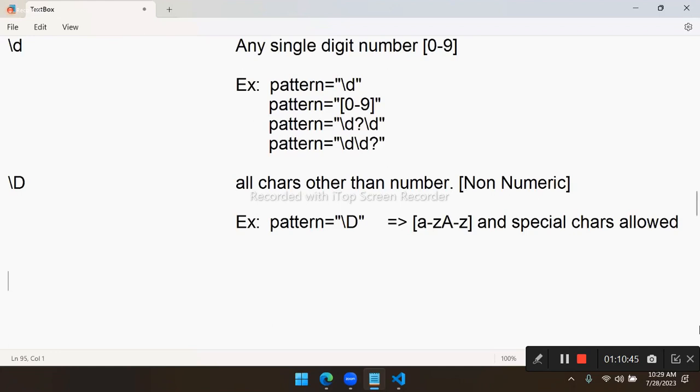Any one character, right? Suppose now I am defining the pattern in this way. We are writing a pattern is equal to \D\d. What does this mean?